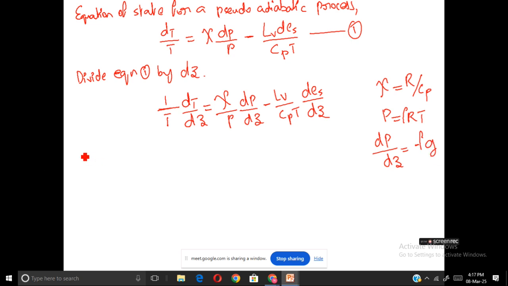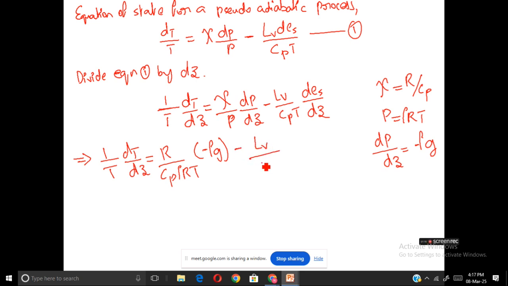Now if we substitute, the equation reduces to 1 by T dT by dz is equal to, substituting chi as R by Cp, R by Cp into rho R T, dp by dz as minus rho g, minus Lv by Cp T into des by dz.